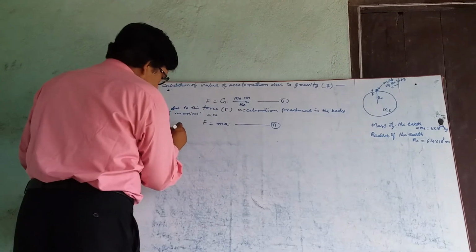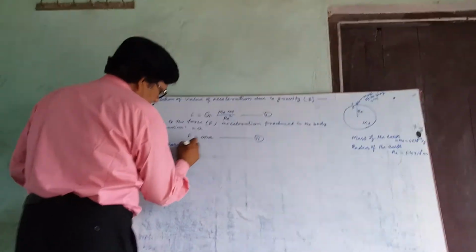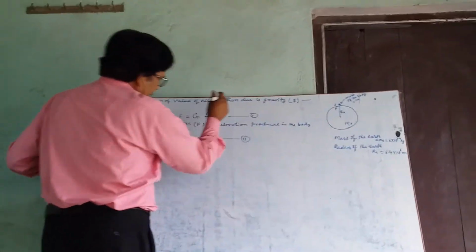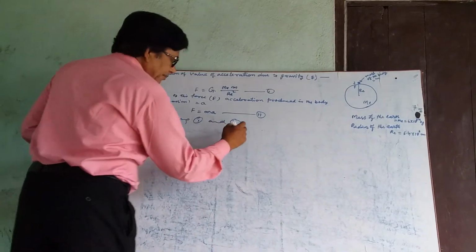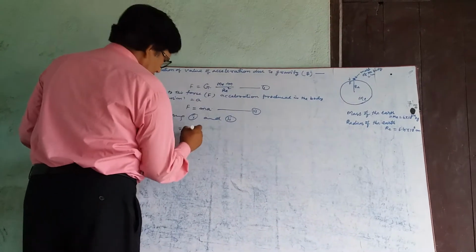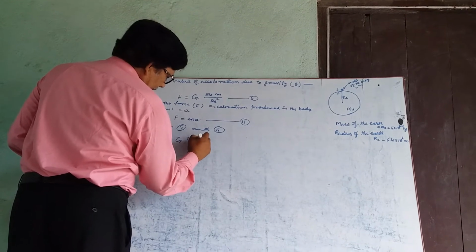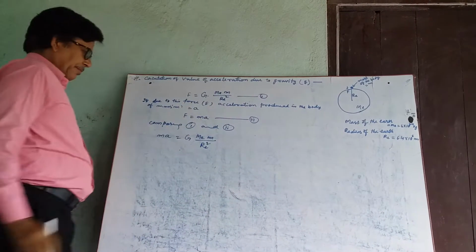Comparing one and two, we will get ma equal to G M_E M by RE square.